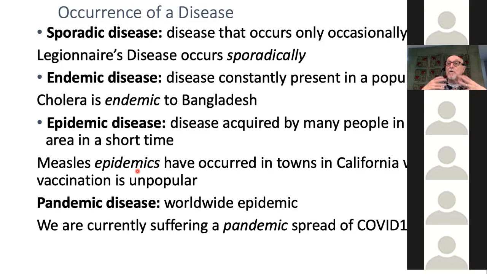Pandemic, which is what we are witnessing at the moment, is when these epidemics spread from geographic area to geographic area, and they do so on a worldwide basis. And that is what we're watching. The pandemic spread of COVID-19 began as an epidemic in China.